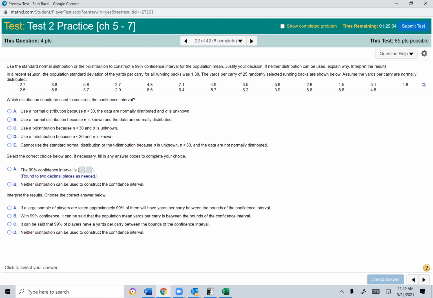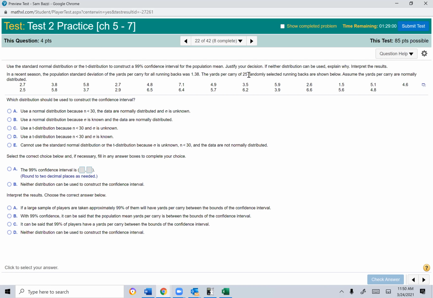Use the standard normal distribution or the T distribution to construct a 99% confidence interval. Justify your decision. Explain why. Oh, it's another one. In a recent, okay, what's the sample size here? 1, 2, 3, 4, 5. The population standard deviation of the yards per carry of all the running backs was 1.39. The yards per carry of 25 randomly selected running backs are shown below.